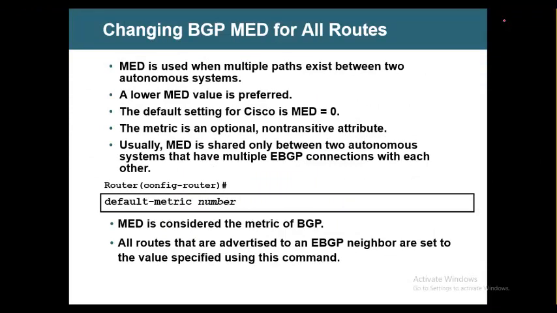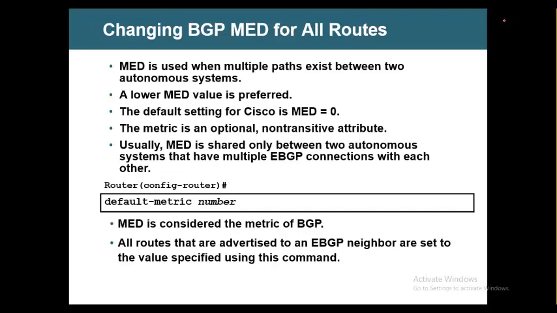Now MED can be configured globally like this, or you can also use it with the route map like you saw in the previous example. MED is nothing but multi-exit discriminator.